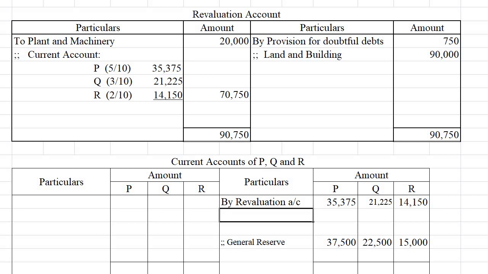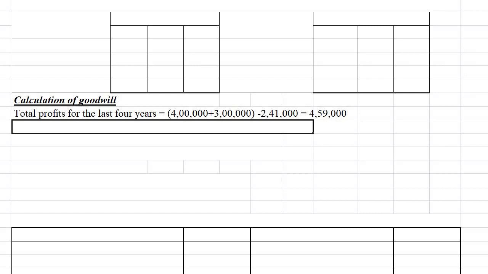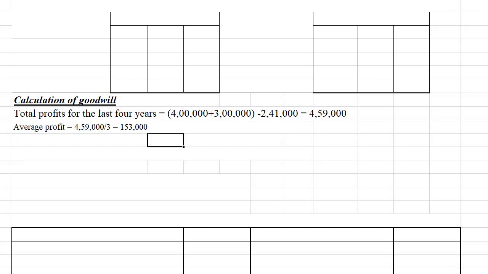Calculation of goodwill: the total profit of the 3 years is given. That means 4 lakh, 3 lakh, and last year there was a loss, so it should be deducted. So 4 lakh 59,000 is the total profit. Average profit, total profit divided by 3, is 1 lakh 53,000.